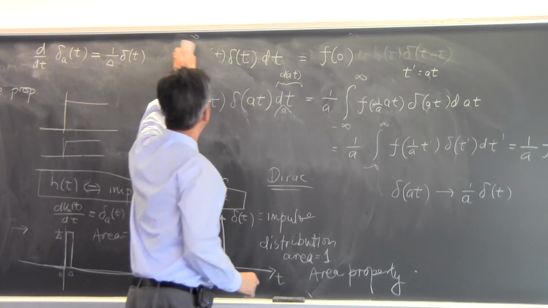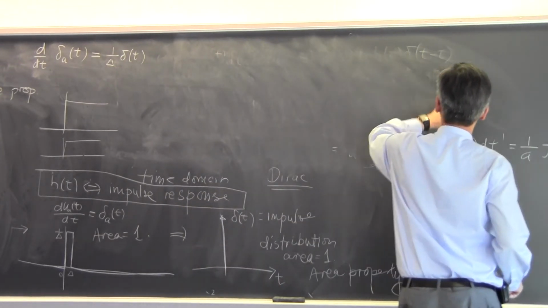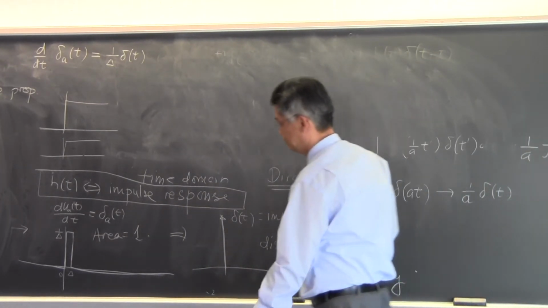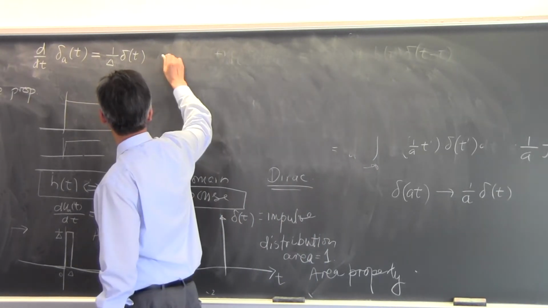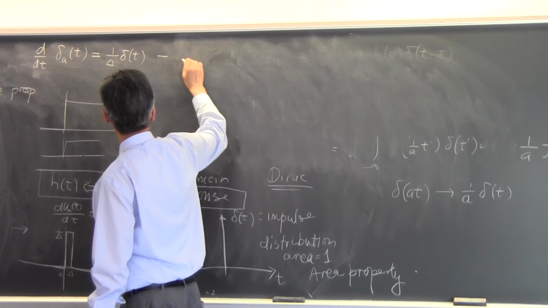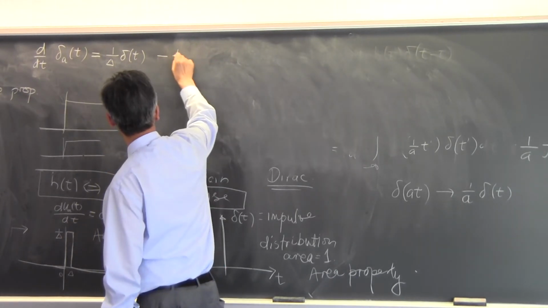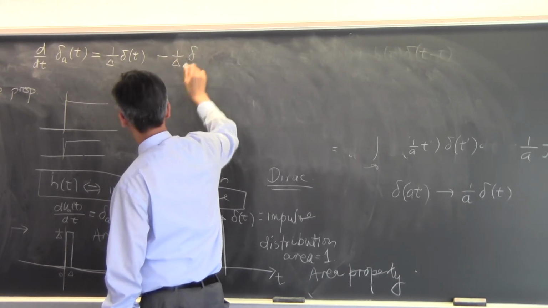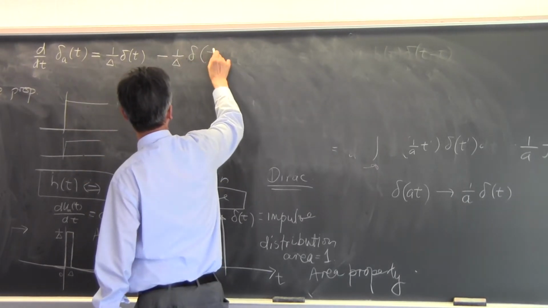And then on the downside, the falling side, I should get the negative delta function. Okay, so it should be minus. Also, the height of this thing is quite high, so it should be 1 over delta. But this delta function now is positioned at this point.